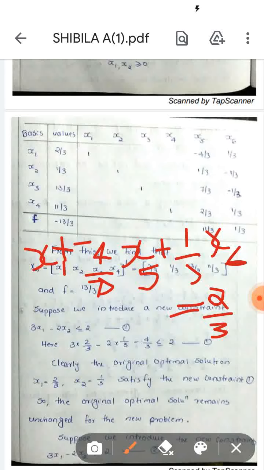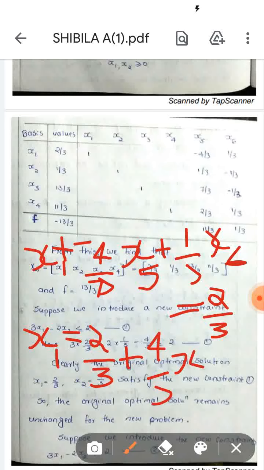So from this we get x1 equal to 2 by 3 plus 4 by 3 x5 minus 1 by 3 x6.